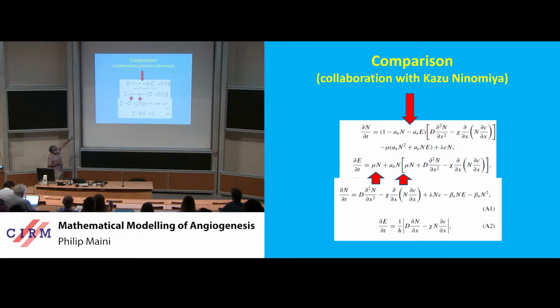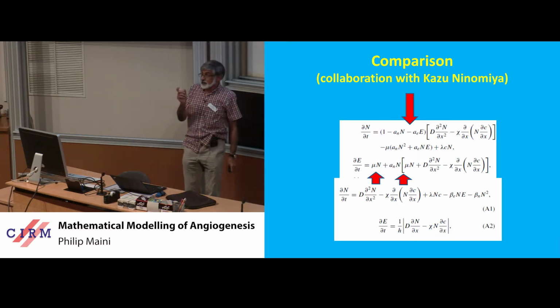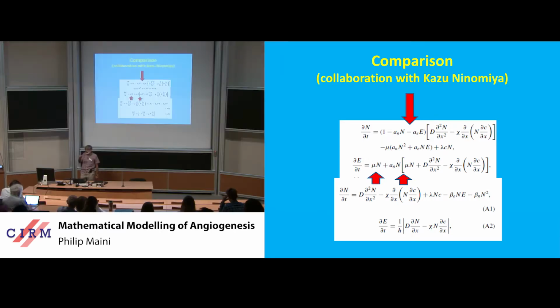Now, AN is a probability, so it's less than or equal to 1. AE is a probability, so it's less than or equal to 1. We've normalized the densities to lie between 0 and 1. So if you look at that bracketed term at the very top there, the extra terms in there, we could convince ourselves that they are very small, because they're two terms multiplying together that are less than 1.